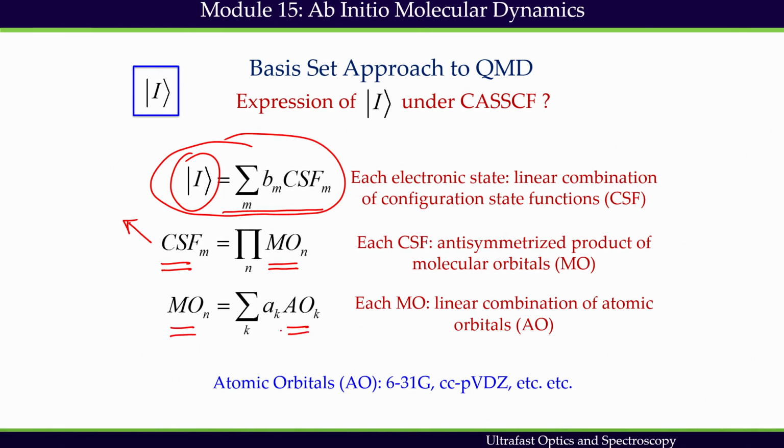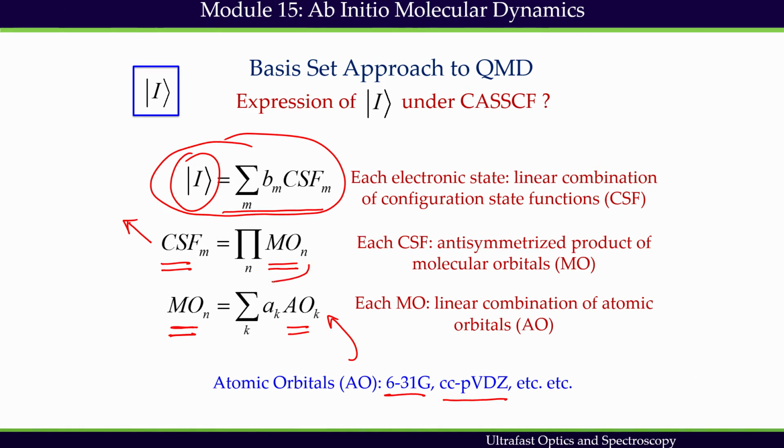In computational chemistry, atomic orbitals are represented by basis sets such as Pople's split valence double zeta basis set, 6-31G, or Dunning's correlation consistent basis set like cc-pVDZ. There are many other basis sets available in computational chemistry. With the help of these basis sets, one can express molecular orbitals.